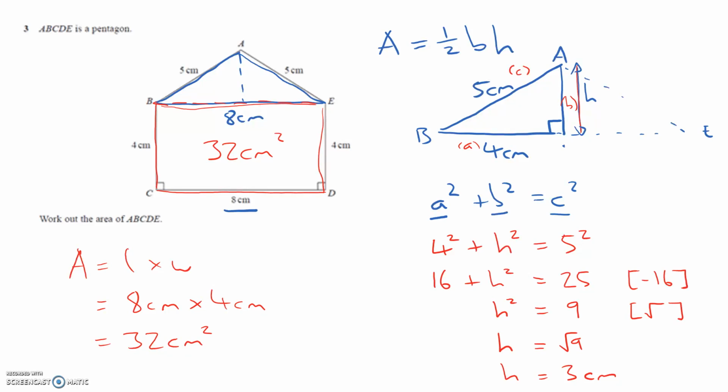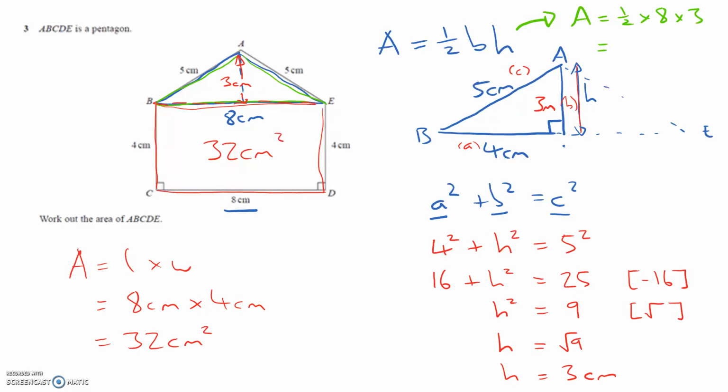So we now know on our diagram here we've got 3 centimetres. And on our diagram here this height is 3 centimetres. So now we know the height, we're nearly done. We can now work out our area using our formula here. So we know the area is equal to half times the base, which for this whole triangle is 8, and the height of that triangle we now know is 3.